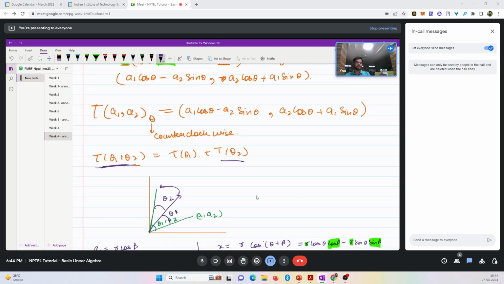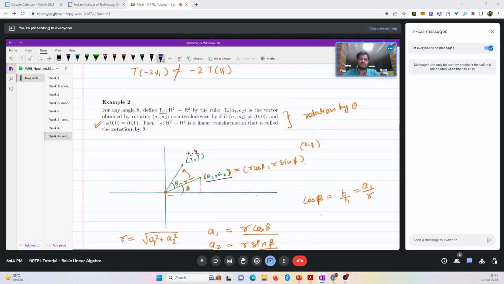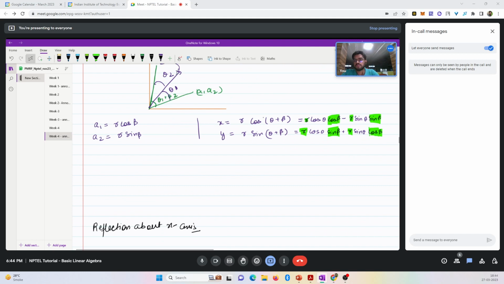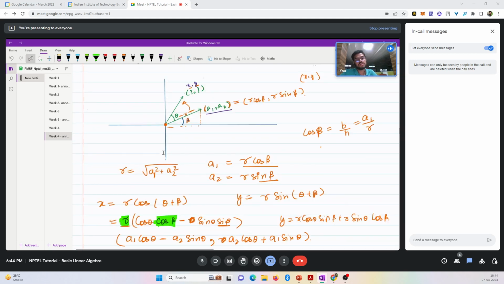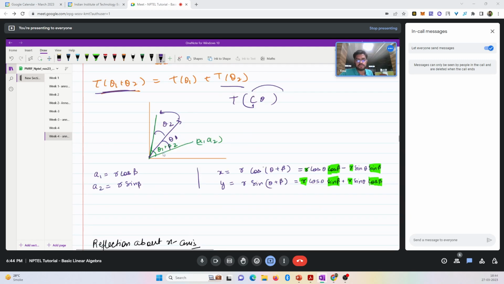And again, if you look at c times theta, then this would mean you are rotating theta, c times separately, or what you can do is you can rotate c theta in one go. So this rotation indeed is a linear transformation, and you can prove this.